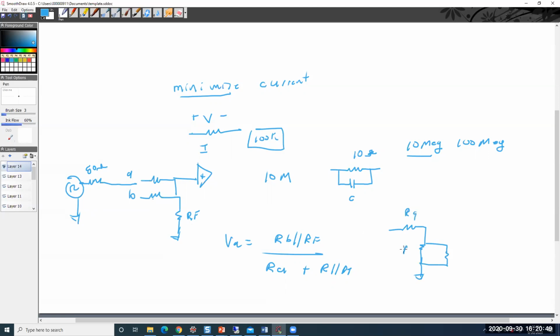That would be RA, RB, and RF. If this network is around a K, it will still cause errors based on that 50 ohm. So in general, you try to keep this higher than that.